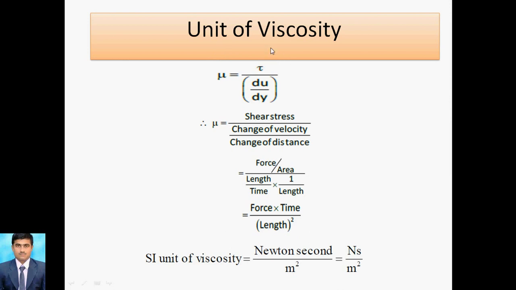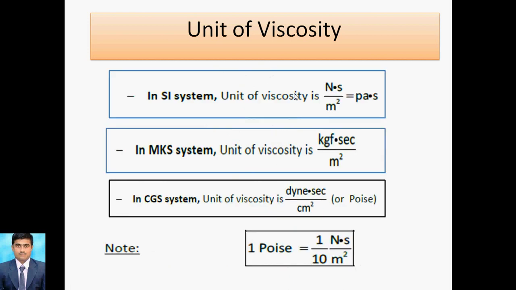So we can say this is viscosity, or dynamic viscosity. Okay, now we move to the further units of viscosity. In SI units, the unit of viscosity is Newton second per meter square. As you know, Newton per meter square means Pascal, so Pascal second. This is about the SI unit. In the MKS system, the unit is kgf second per meter square.